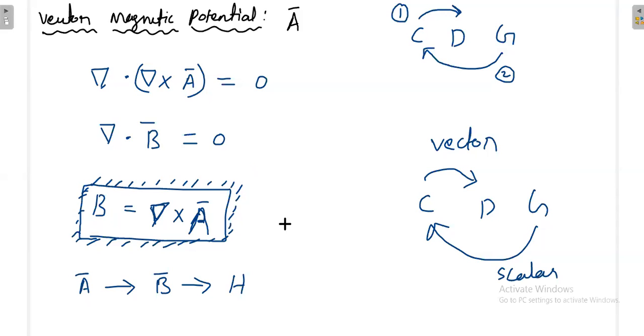Unit of A is Weber per meter, because once there is Weber per meter, when you apply one more differentiation, then Weber per meter square comes. The unit of vector magnetic potential A is Weber per meter. Okay, next, Poisson equation for magnetic field.